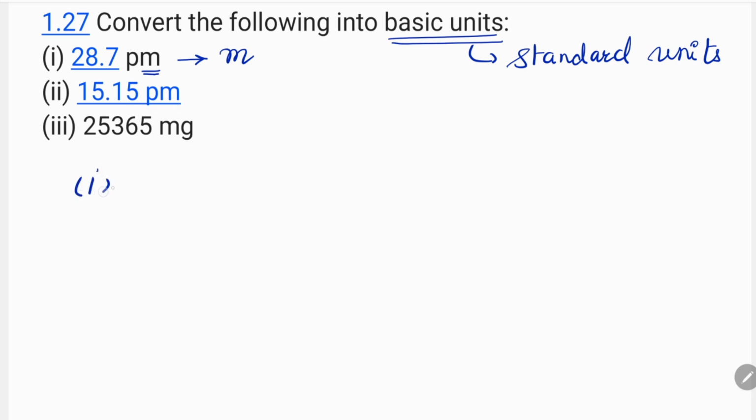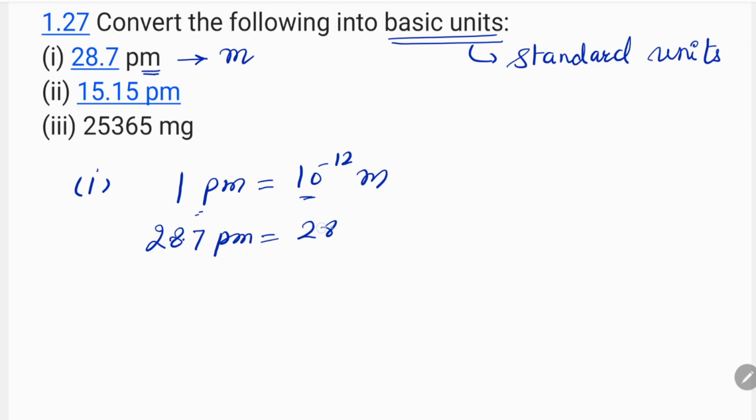So we convert this particular question, but before that we should know what is pico. Okay, 1 picometer is equal to 10 raised to power negative 12 meter. So pico means 10 raised to power negative 12. So we are just going to multiply this number, which is 28.7, with 10 raised to power negative 12, and the answer will be in the standard units, that is 28.7 into 10 raised to power negative 12 meter.